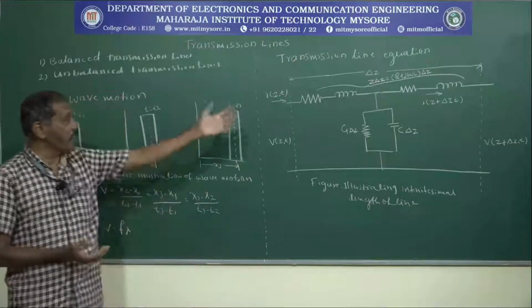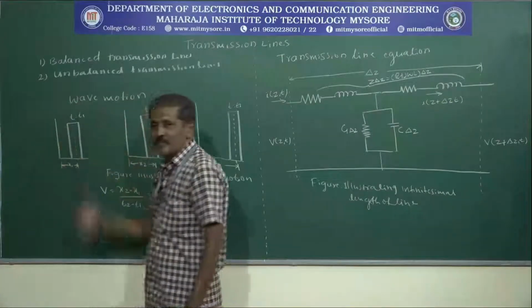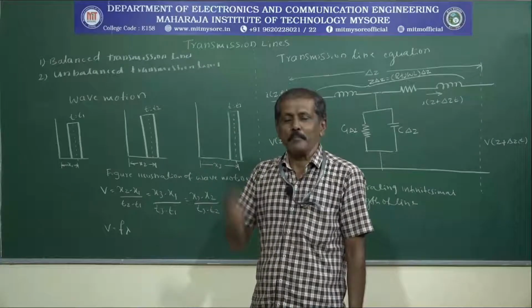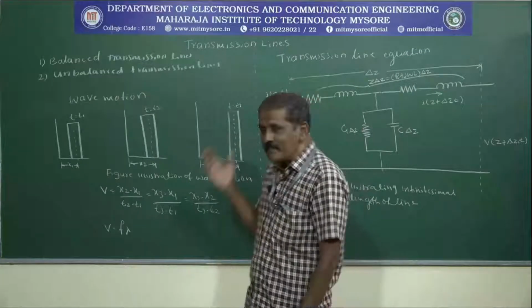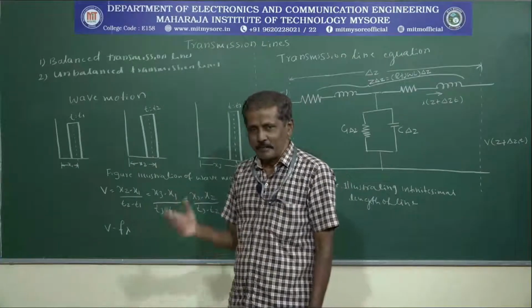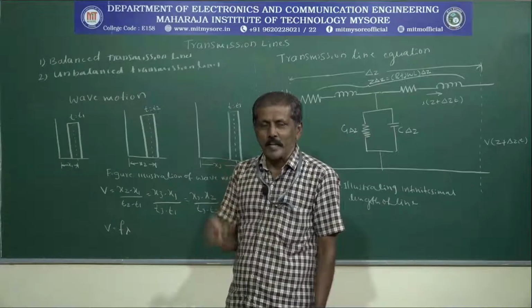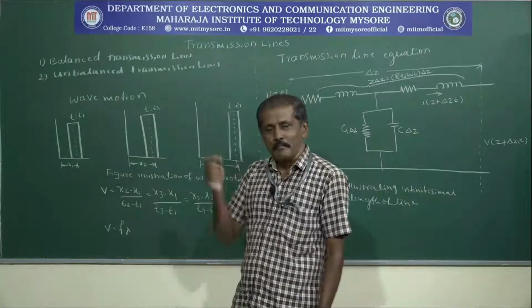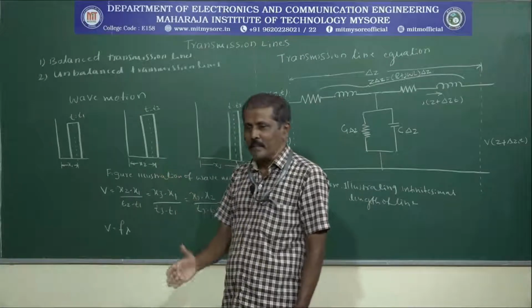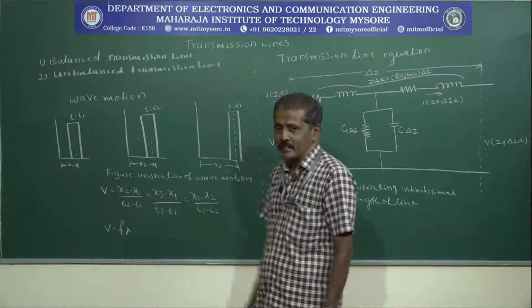Before going into detail on how waves are transmitted and received, let us consider what is meant by a wave. A wave is nothing but a disturbance caused at a particular point at a particular instant of time, and this disturbance may occur at another place at another instant of time. Then we call this wave motion.